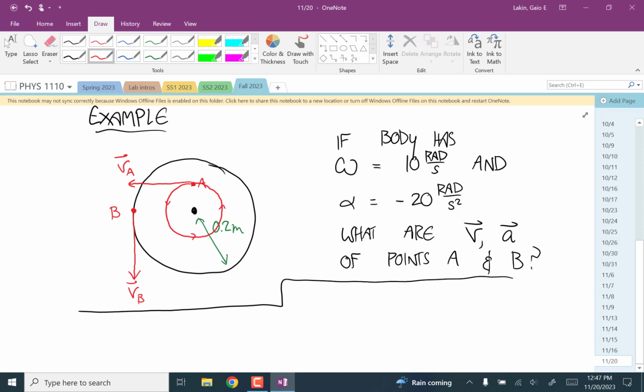If these are both in circular motion, at the point A, remember in circular motion, the acceleration is the centripetal plus the tangential. From this point A, what's the direction of the centripetal acceleration? That always just means toward the center.